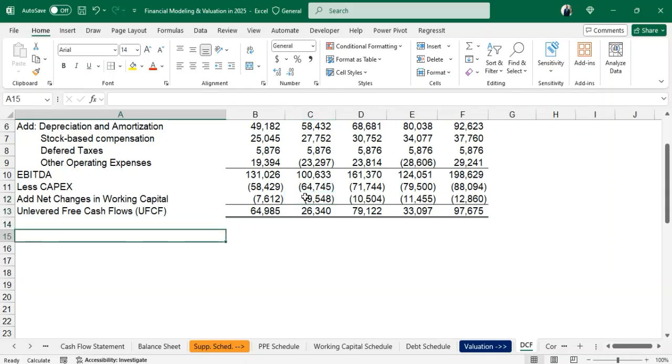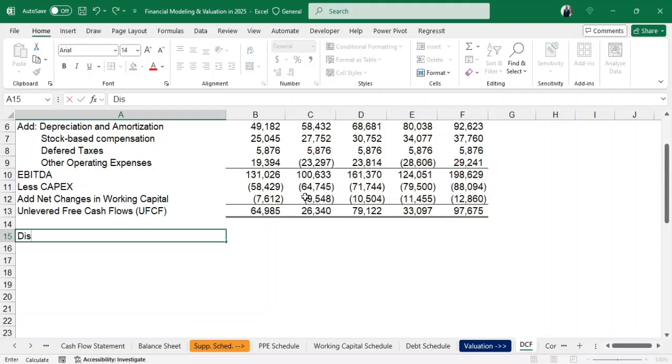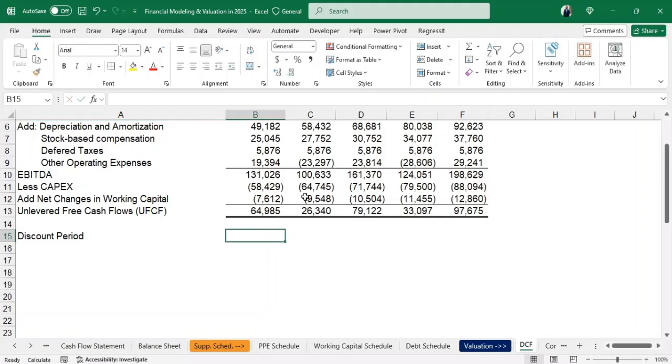Now, in order to discount, we need the discount period. So we're going to have discount period. When we want to discount any future cash flows into the present value, we need a period within which to discount.